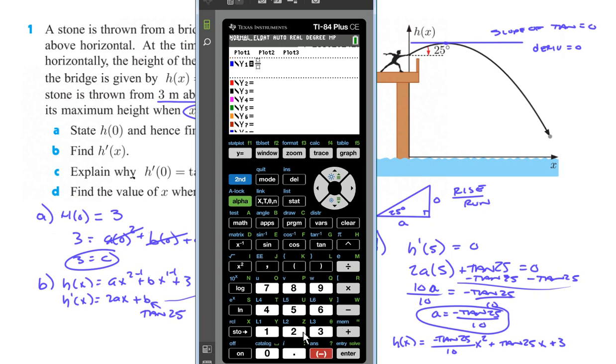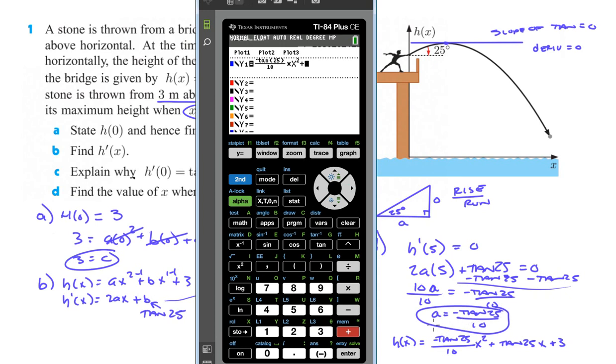So I'm going to do negative tangent 25, close my parentheses there, divided by 10, and then times x squared plus, and that's going to be negative tangent 25, right?